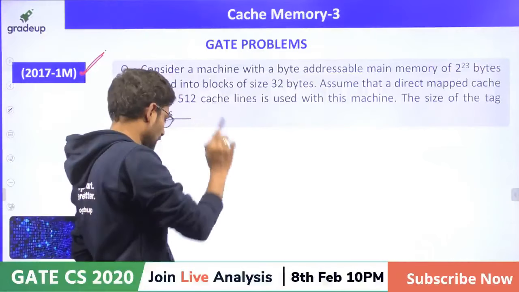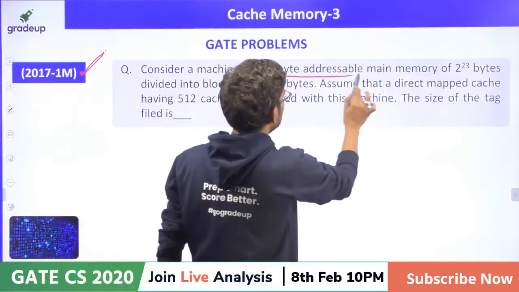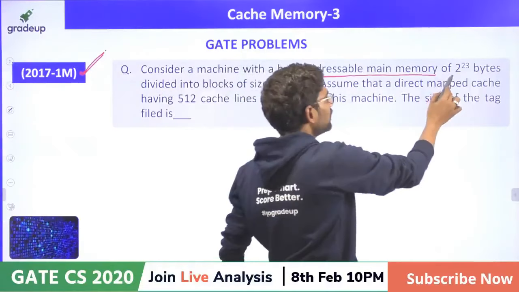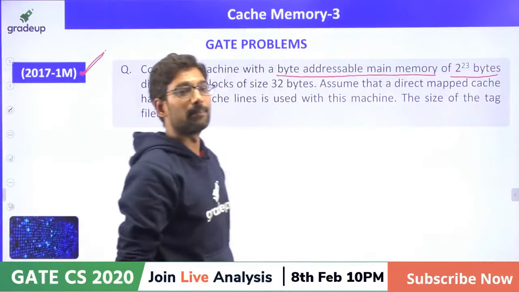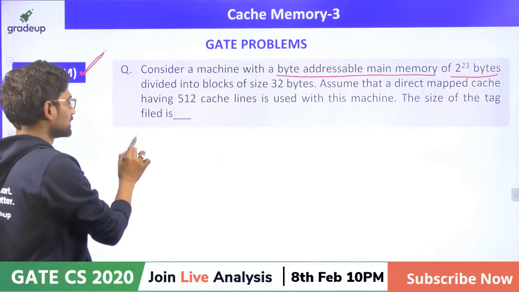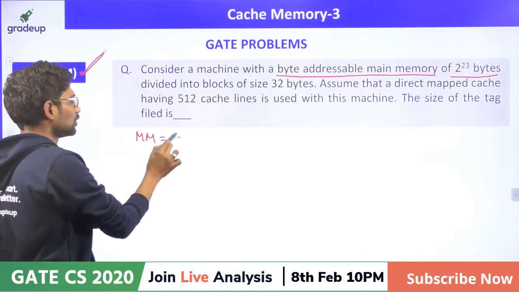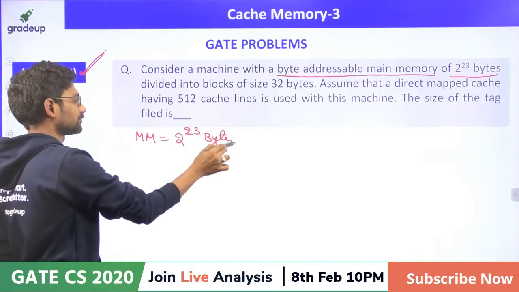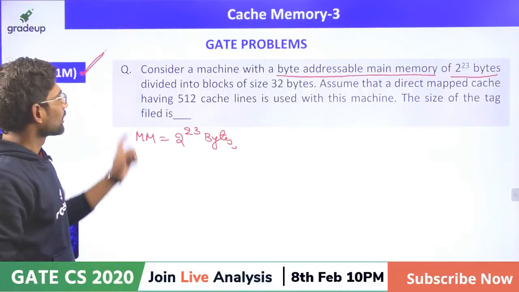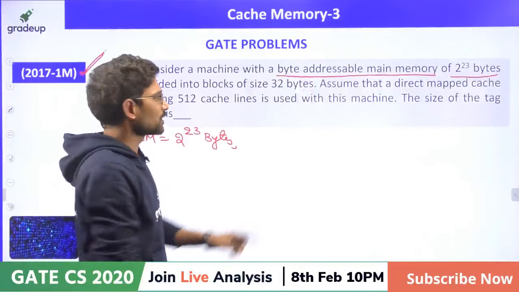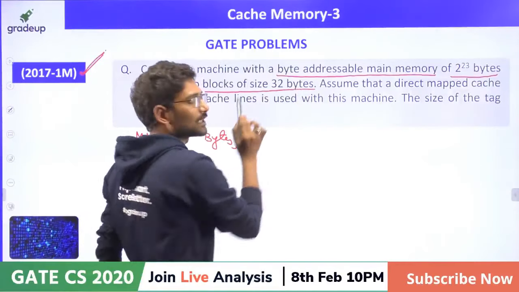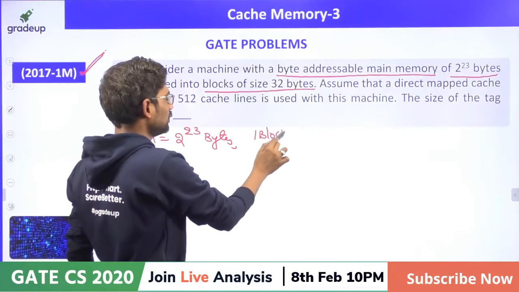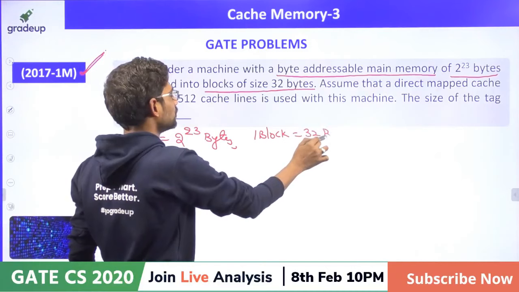Consider a machine with byte addressable memory, main memory of 2 power 23 bytes. So what is the main memory size? 2 raised to 23 bytes. Divided into blocks of size 32 bytes. What is one block equal to? 32 bytes.